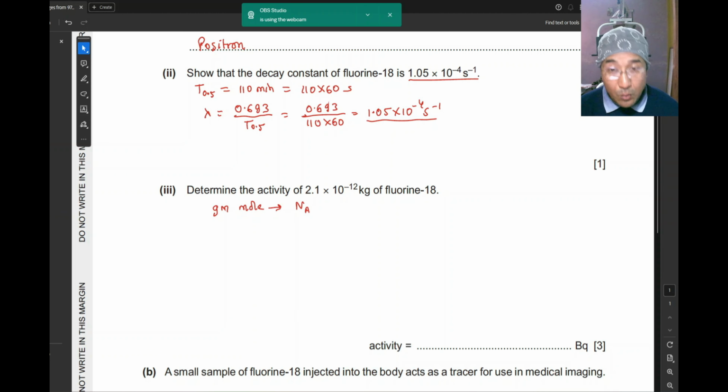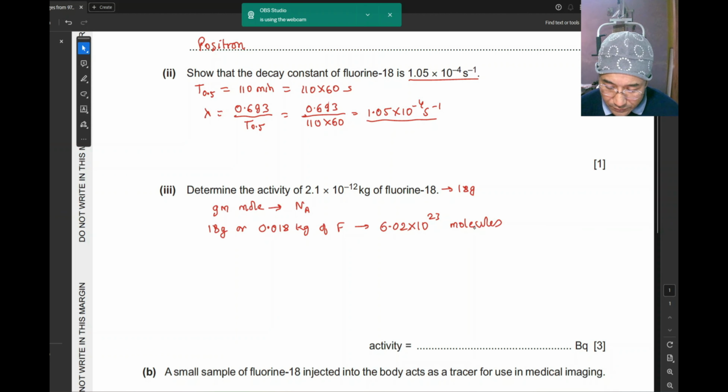So 18 grams or 0.018 kg of fluorine will have 6.02 into 10 to the power 23 molecules. This is 1 gram mole, the molecular mass or atomic mass, and this is the Avogadro number. Therefore, the mass given here is this much.